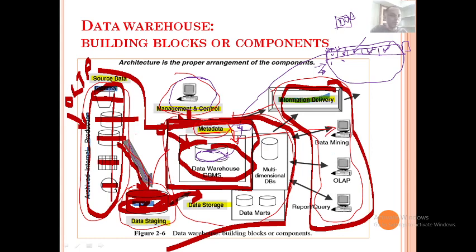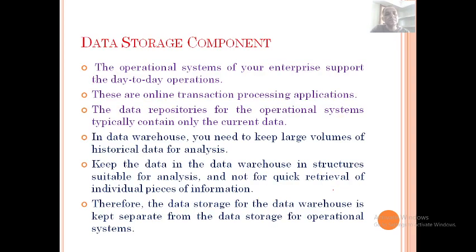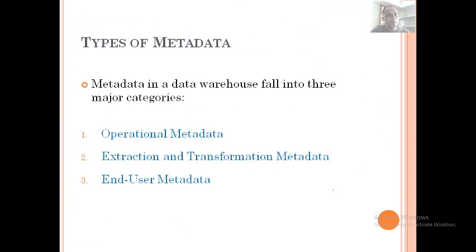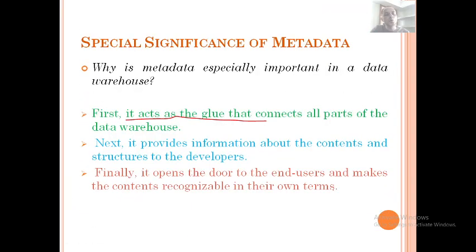See here now, it is connected to all parts of the data warehouse: the data sources, data staging, the data warehouse, various parts of data storage and the information delivery system. So it acts as a glue that connects all parts of the data warehouse.